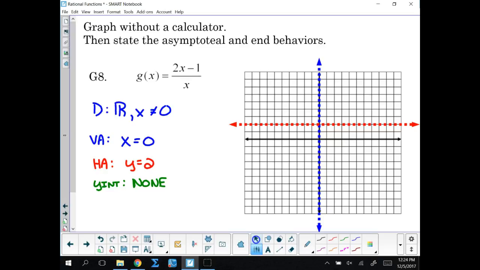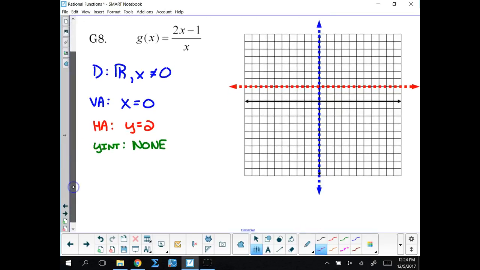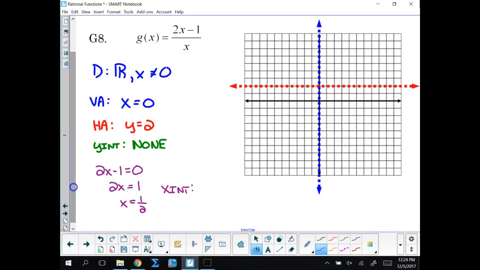Okay? X-intercept. So I set 2x minus 1 equal to 0. So that's 2x equals 1. So that's x equals 1/2. So that gives me an x-intercept of 1/2, comma 0.